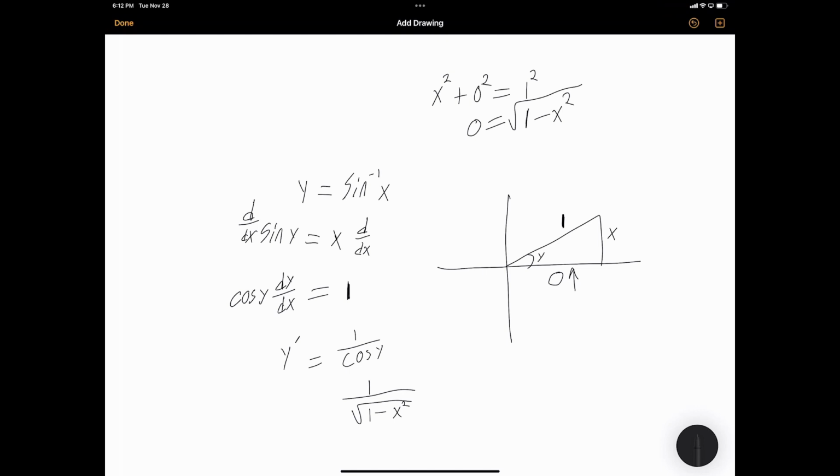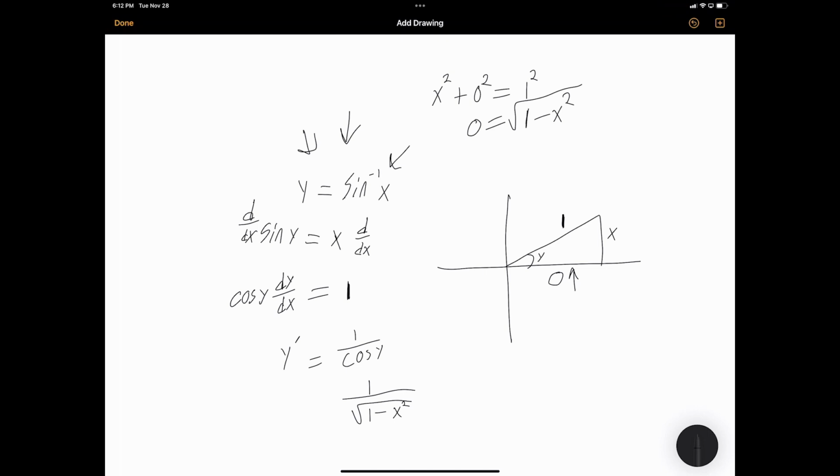And that is y prime, which is what we needed here in this statement. Because y prime is equal to the derivative of sine to the negative 1 of x.